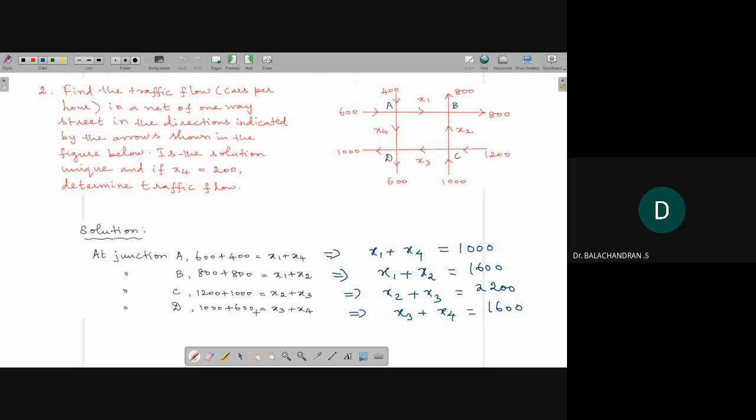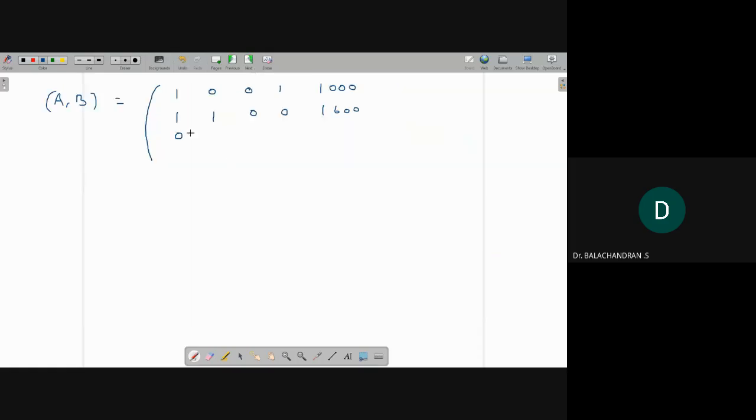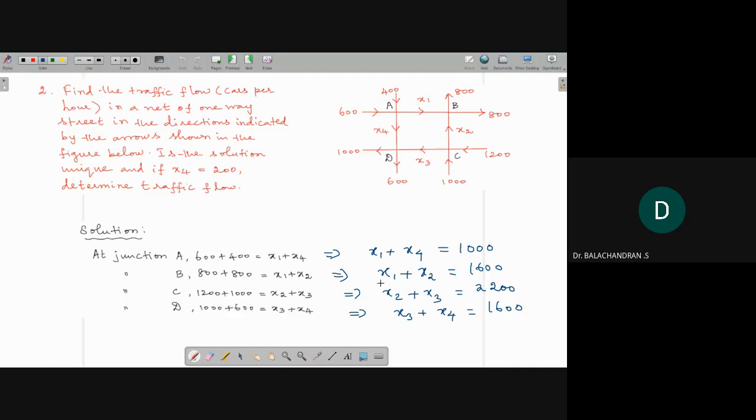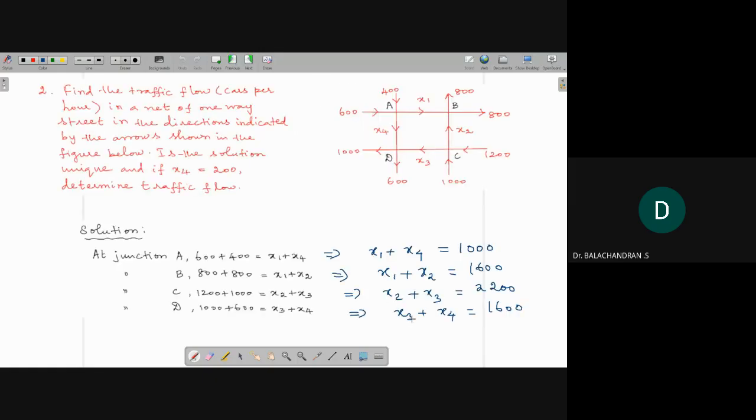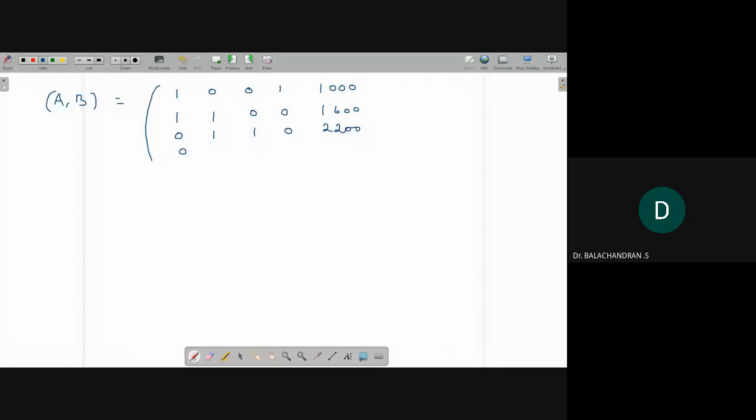Third row, 0, 1, 1, 0, equal to 2200. And last row, sorry, 0, 0, 1, 1, 1600. So this is the augmented matrix.